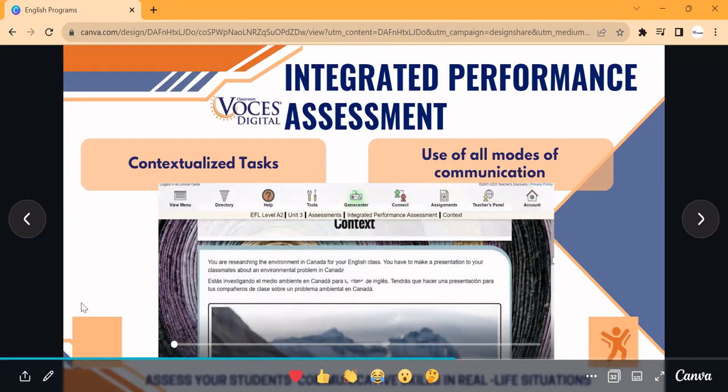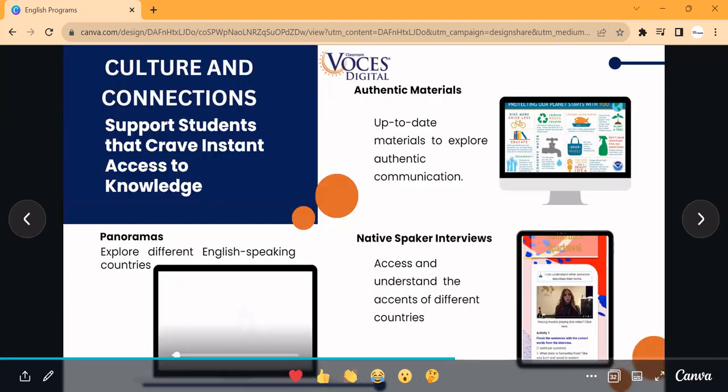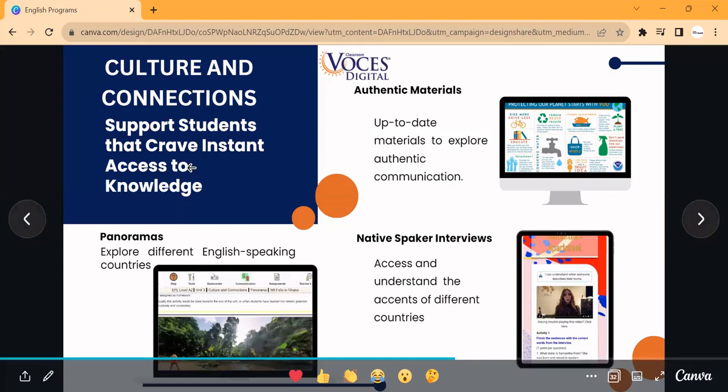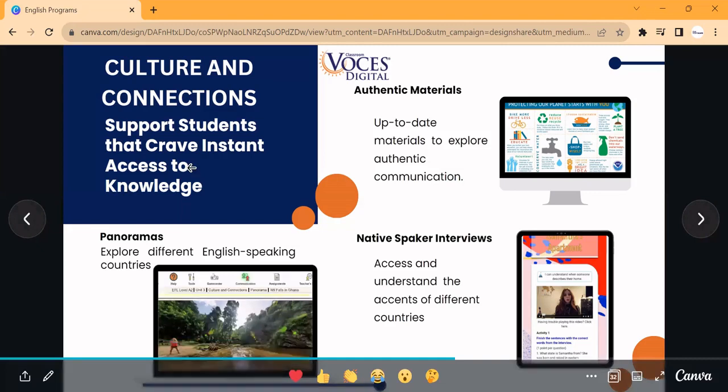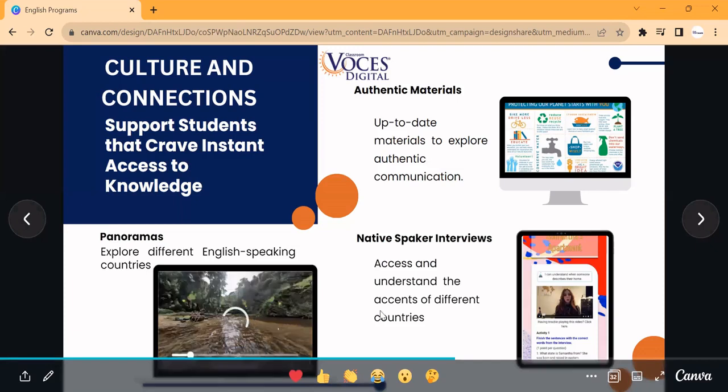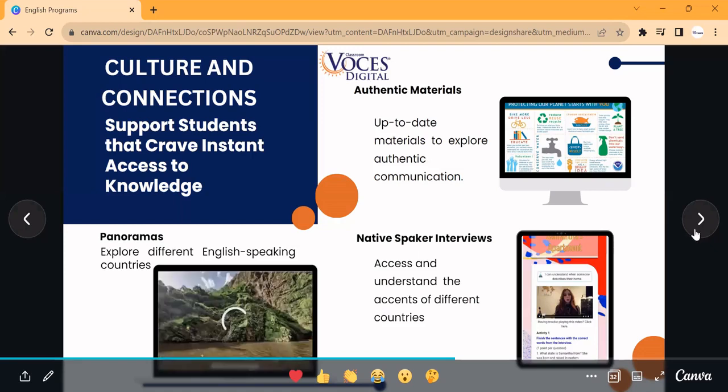So students will have a broader cultural view and understanding of the world by using these culture and connection sections. We are exploring here falls in Ghana. So this is a topic and a unit that will be focusing on this country.